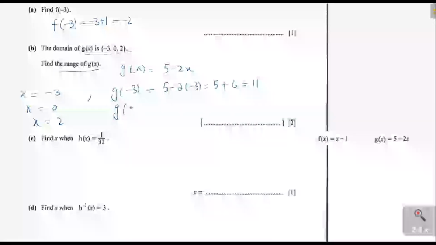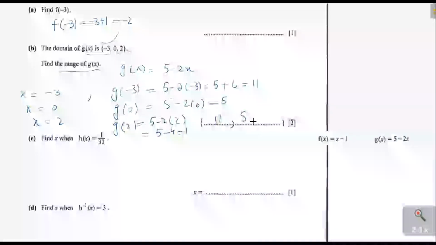And g of 0 will be equal to 5 minus 2 into 0 equal to 5. G of 2 equal to 5 minus 2 into 2. That will be equal to 5 minus 4 equal to 1. Therefore, the corresponding values of minus 3, 0 and 2 will be 11, 5 and 1. This is the range of g of x. Range is the values of g of x.